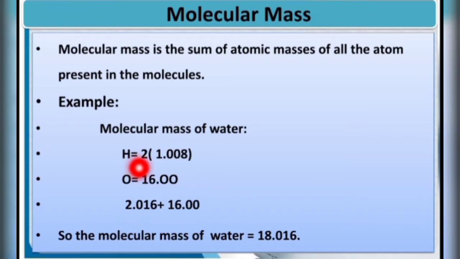We have to multiply by 1.008. The atomic mass of oxygen is 16.00. So simply we add up the atomic masses of hydrogen and oxygen and we will get the molecular mass of water, which is 18.016.